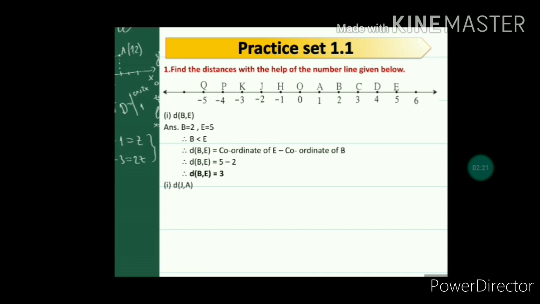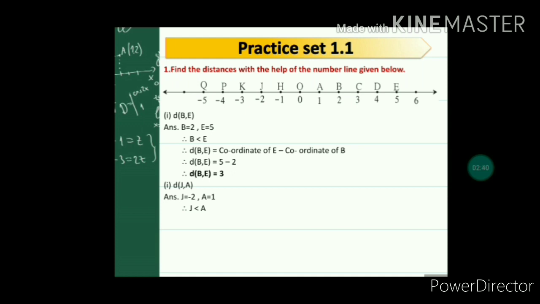Another example is find distance of JA. Coordinate of J is minus 2. Coordinate of A is equal to 1.